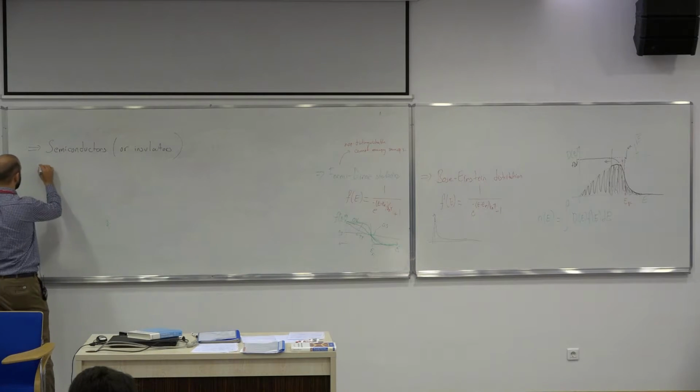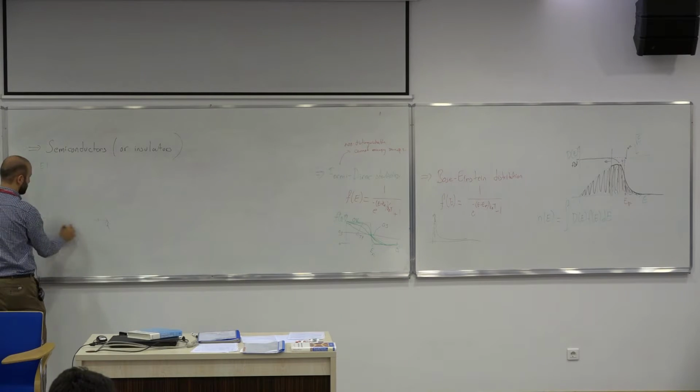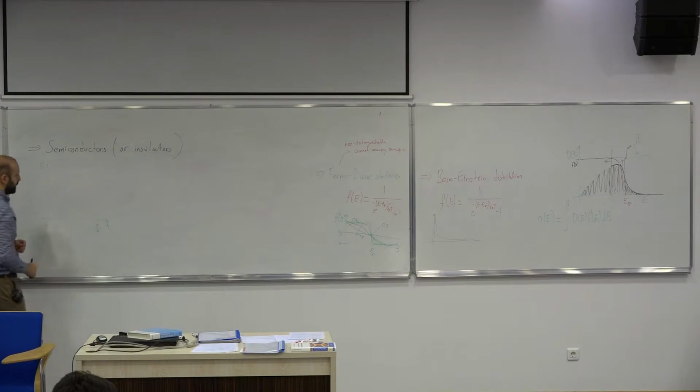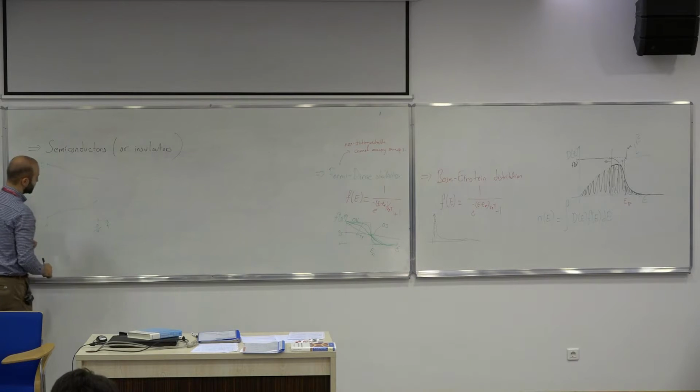This is my K, this is the E. Let's say it goes from 0 to pi over a. And let's say I have something like this.